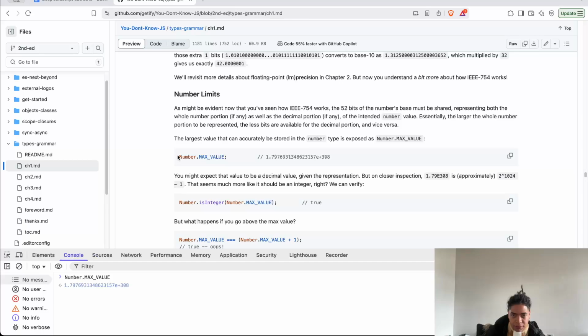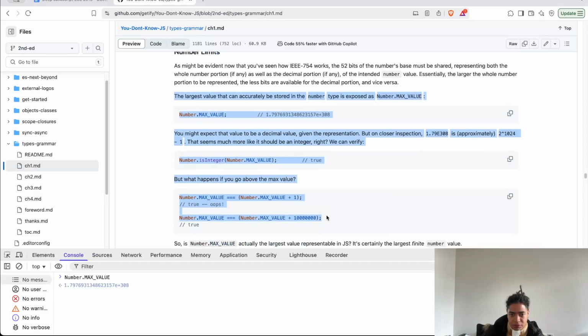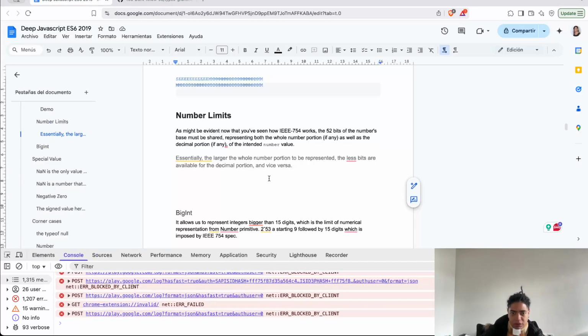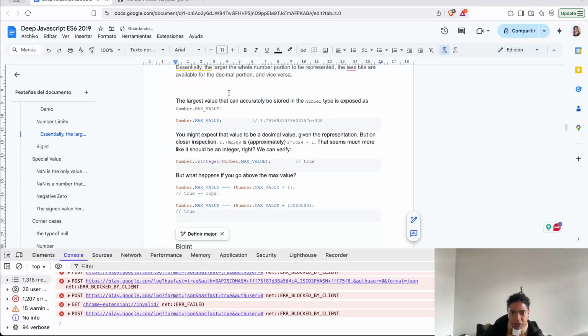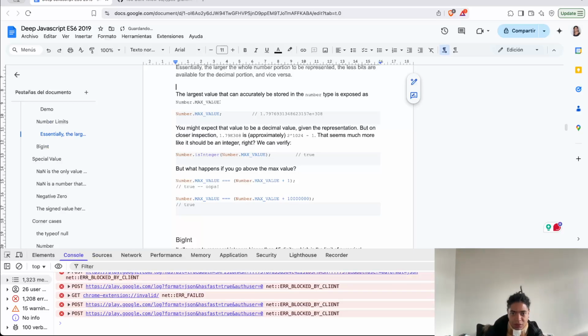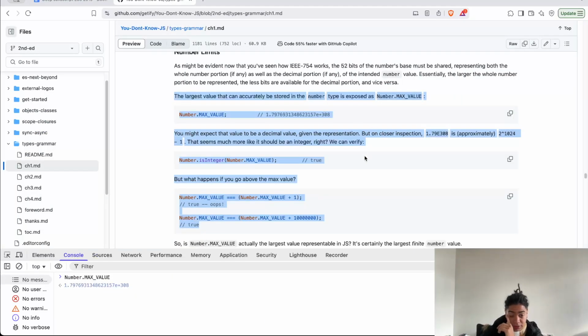This is the largest value that we can accurately store.